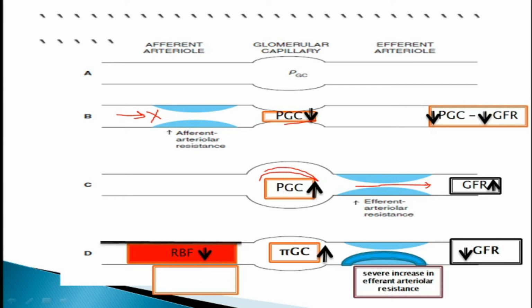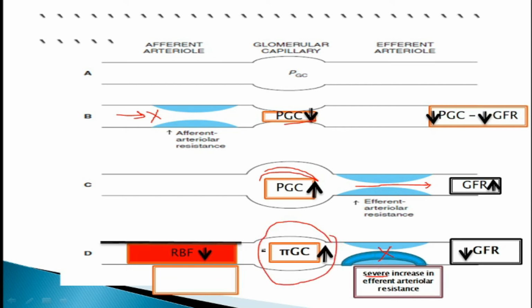And when the condition is severe, if there is severe increase in the efferent arteriolar resistance, the flow of blood across the efferent arteriole is completely obstructed, as a result of which the fluid gets completely stagnated here in this particular area.